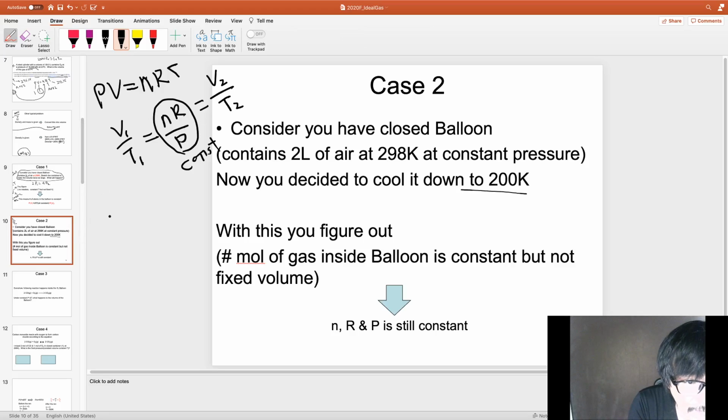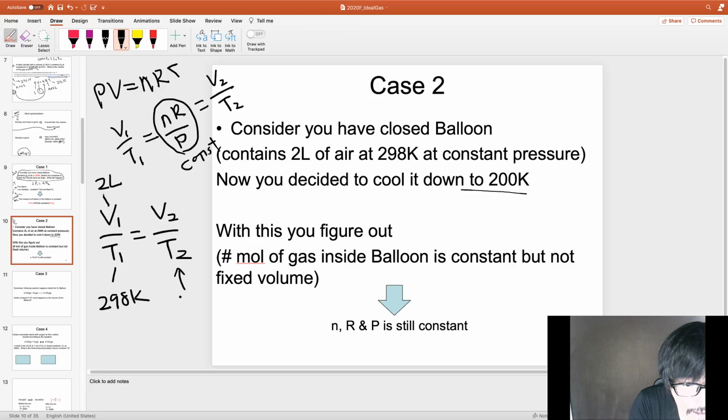So you get V1 divided by T1 is equal to V2 divided by T2. So let me just figure out: this 2 liters, 298 K, that was under condition 1. And then this one right here is 200 K. Then you can actually solve for that number, right?